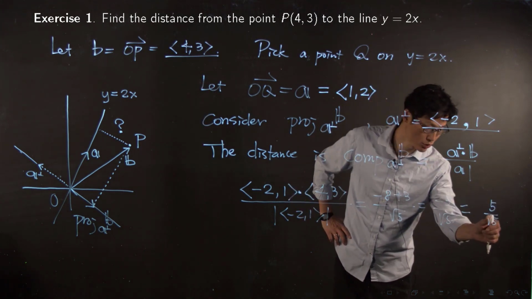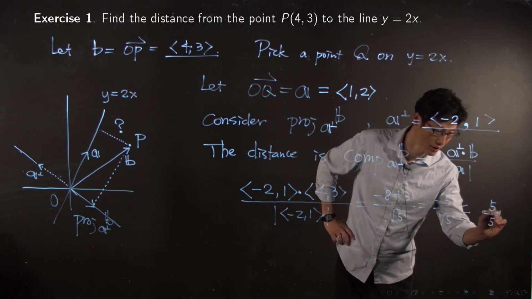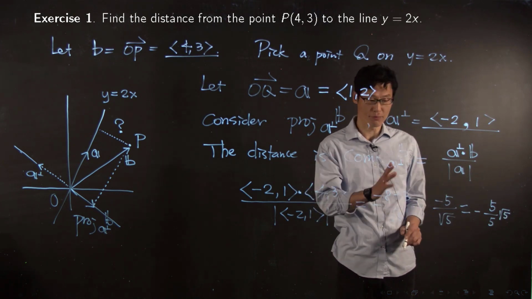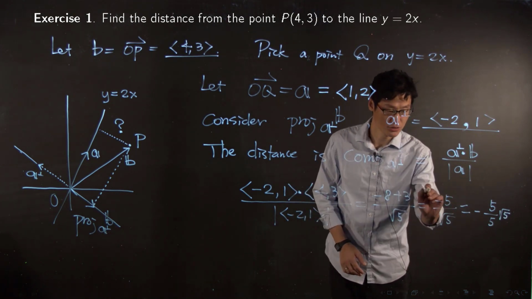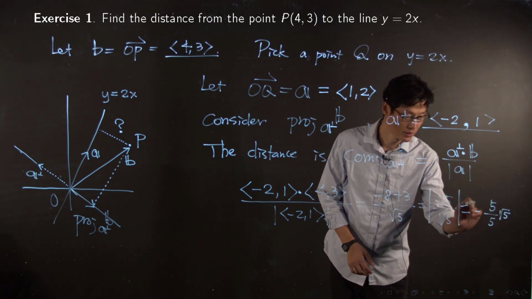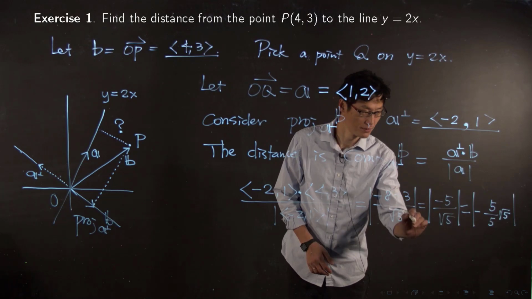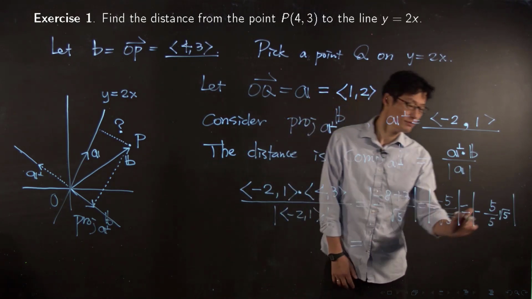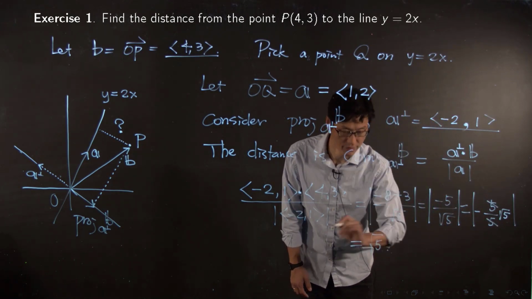You may want to rationalize to get this value. But remember, this is supposed to be a positive number, so you take the absolute value. So the distance is square root 5.